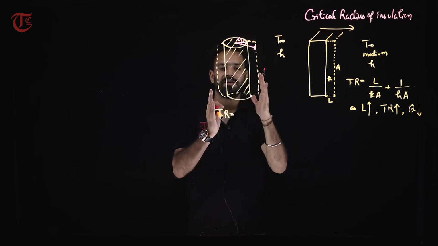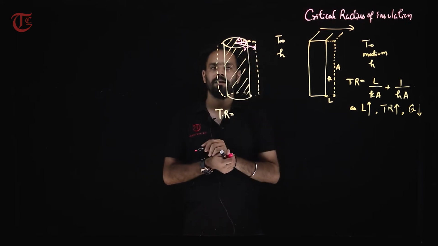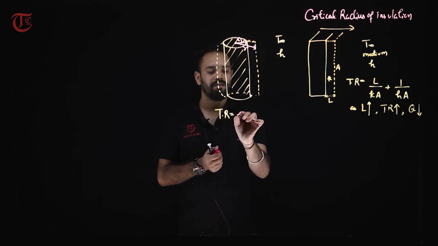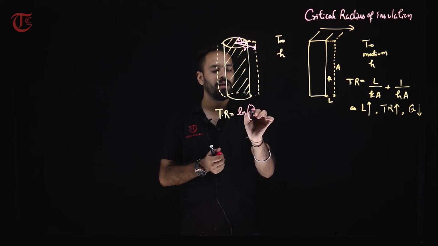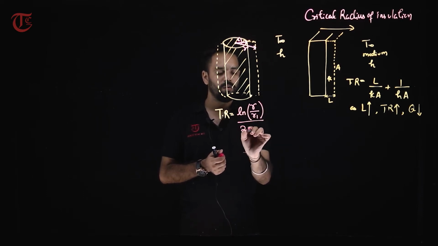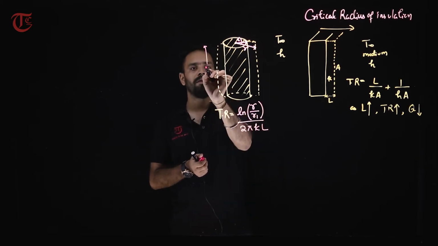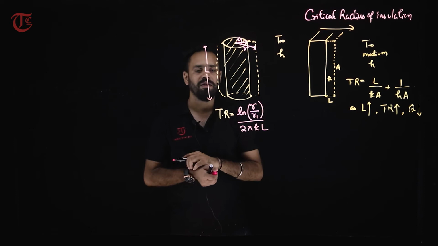Because I will keep on increasing the thickness and therefore that R should change. So, I am just writing R, right. So, what is the conduction resistance? If you remember, it is ln(R/R1) divided by 2 pi k L. Here L denotes the length of this cylinder.